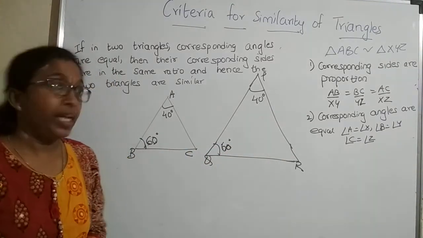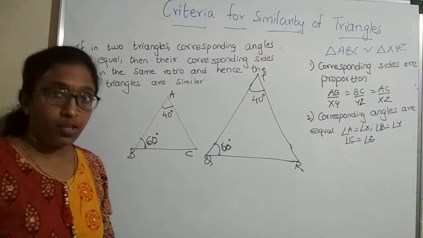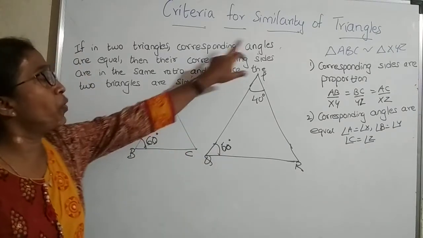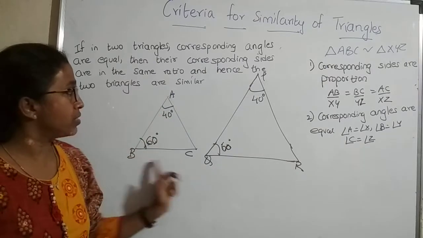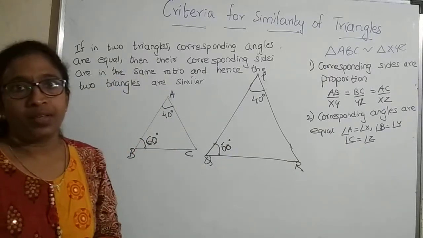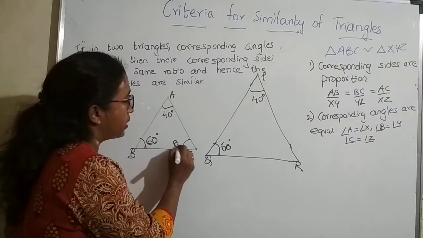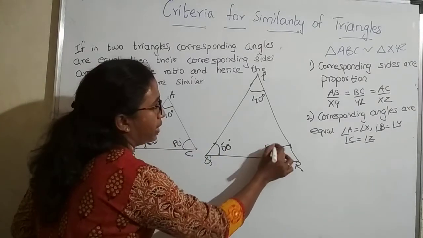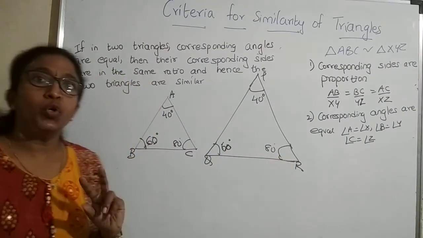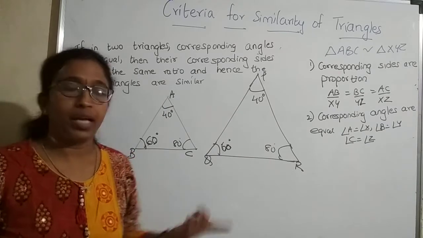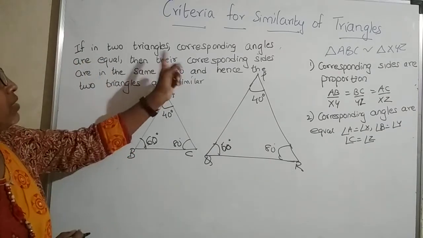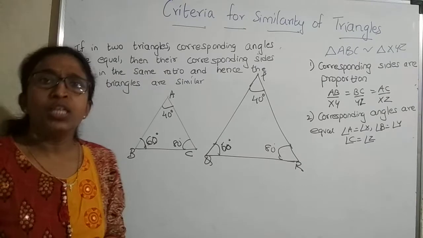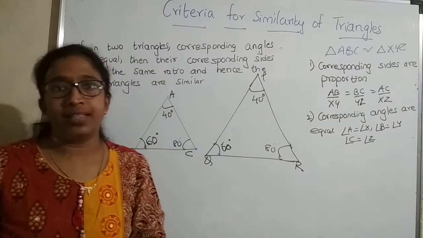So if in two triangles corresponding angles are equal, so here you all know it is 80, here also we know it is 80. By the angle sum property, if you know two angles, automatically we know the third angle. So you should do this practically rather than as a theorem.